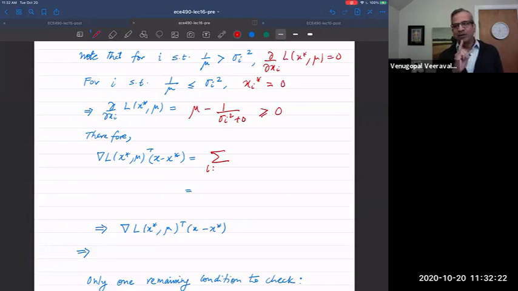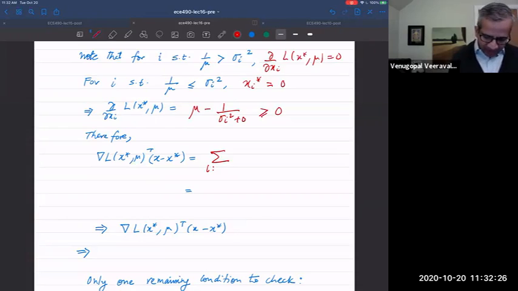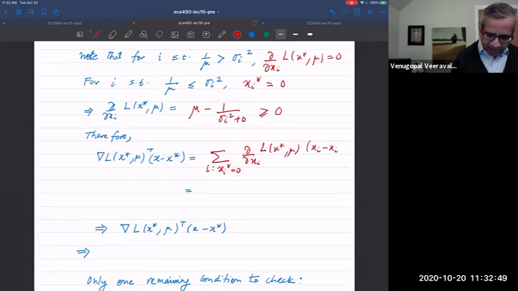The partial with respect to those xi's is already 0, so we don't have to include them in the sum when we look at this dot product. So we'll only focus on the i's for which xi star equals 0. And then we have to multiply this by xi minus xi star.